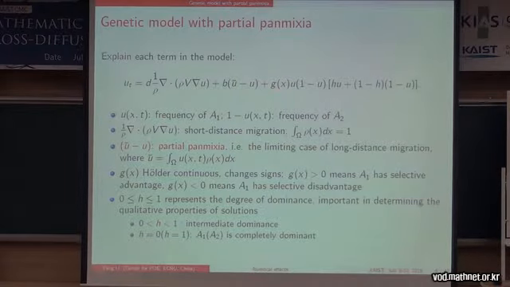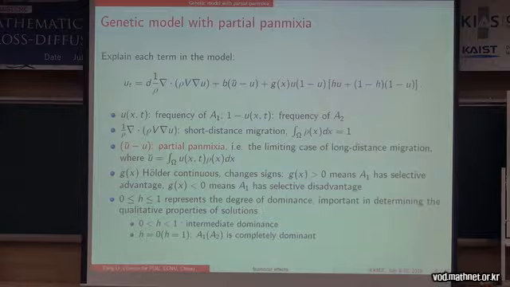Mathematically, J of x here I assume is Holder continuous and changes signs. It represents the environment selection for alleles. When J of x is positive, it means the allele A1 has selective advantage. When it's negative, it means A1 has selective disadvantage.